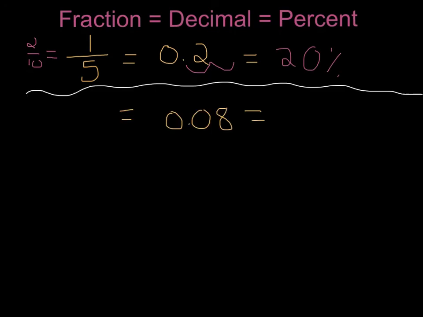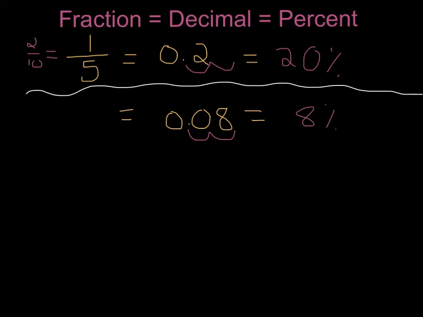Next, let's start with the decimal, 0.08, or you could say 8/100ths. So you can go either way. Let's do percent first. Move the decimal twice, which means this is 8%.